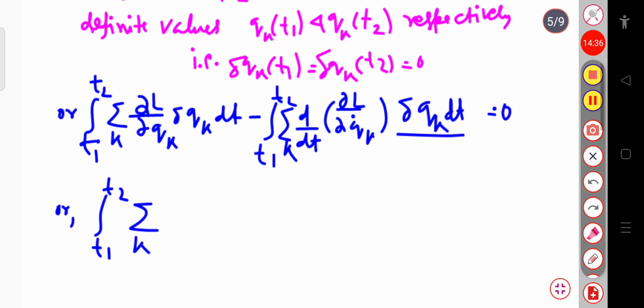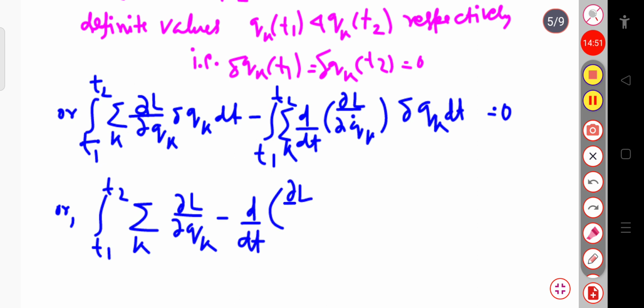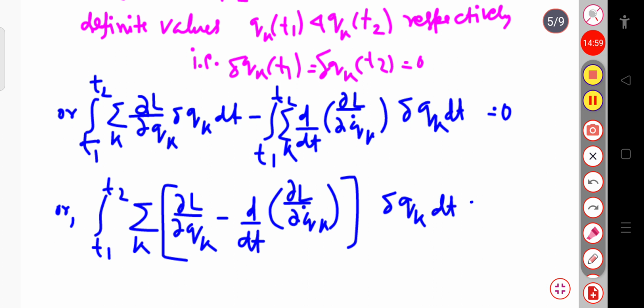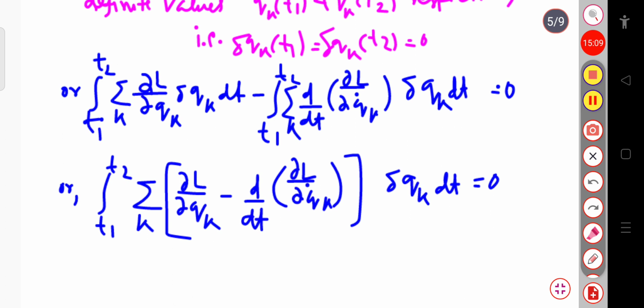So I can write dou L by dou QK in the first term minus d by dt of dou L by dou QK dot in the second term, and the common term will be delta QK into dt, and that is equal to 0. We can write it like this.